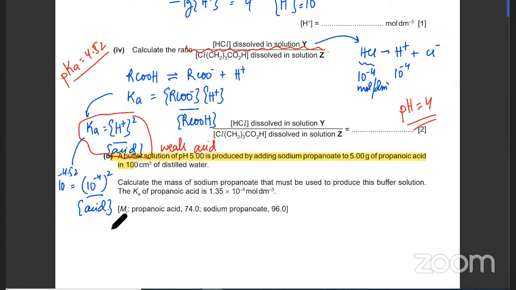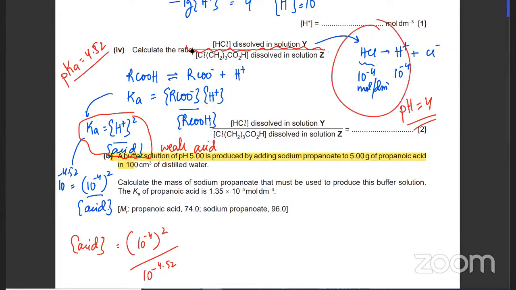Okay? And all I need to do is find the acid concentration, which is going to be 10 raised to the minus 4 squared, divided by 10 raised to the minus 4.52. Is that clear? So the final expression would be, we have to calculate the ratio.